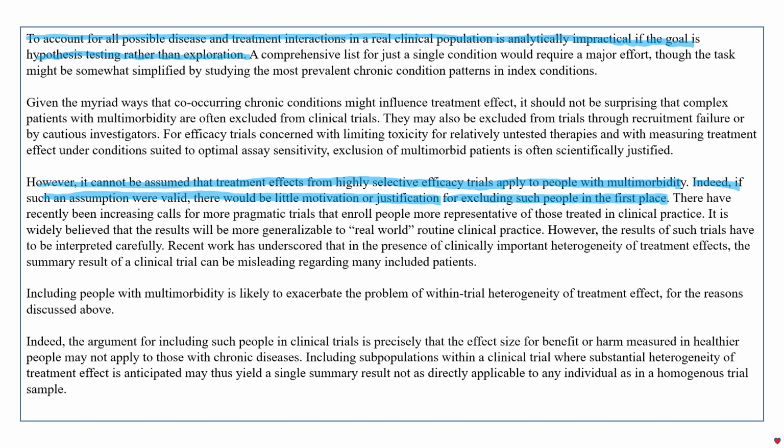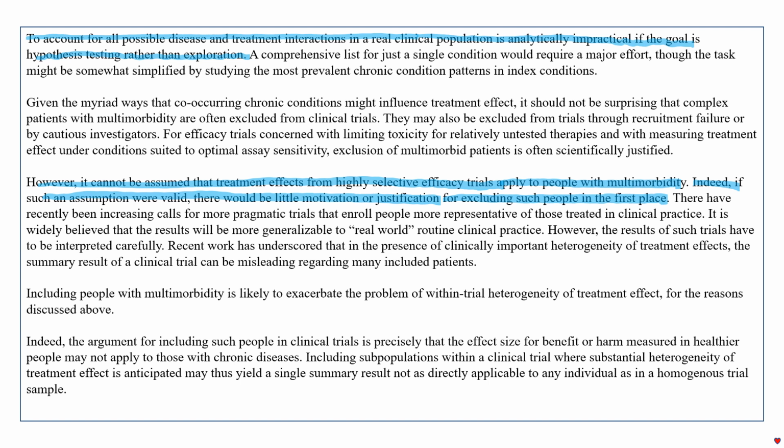Recent work has underscored that in the presence of clinically important heterogeneity of treatment effect, the summary results of a clinical trial can be misleading regarding many included patients. Including people with multimorbidity is likely to exacerbate the problem of within-trial heterogeneity of treatment effect for the reasons discussed above.